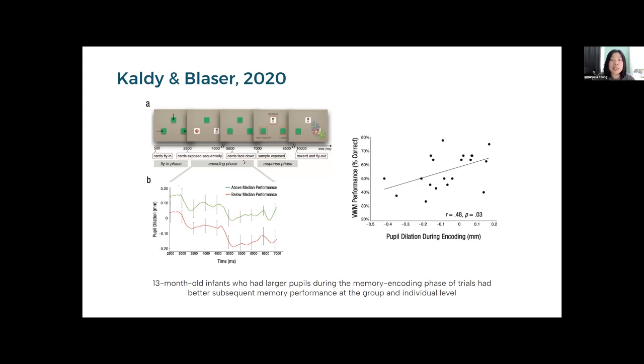What they found was that infants who had larger pupils during a memory encoding phase of trials had better subsequent memory performance. And this was at both the group and the individual level. The relationship between pupil size and performance was also present on a trial-by-trial basis. So trials in which pupil dilation was larger during encoding were more likely to end in success.